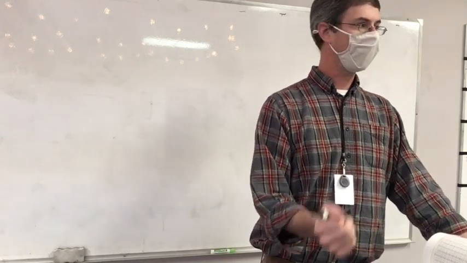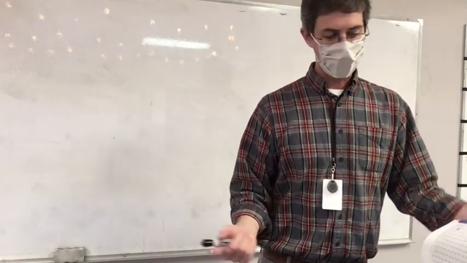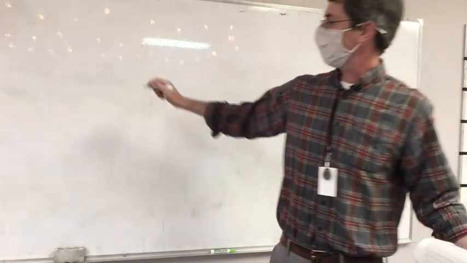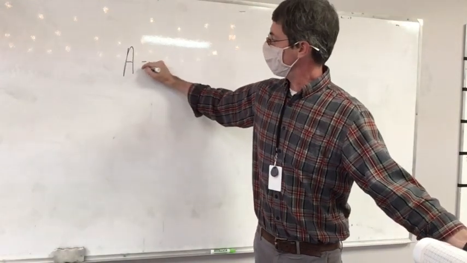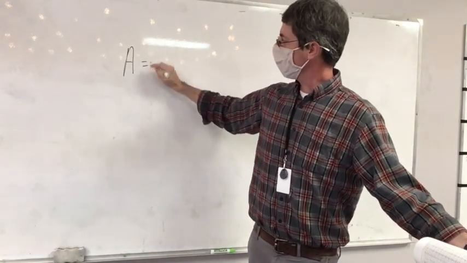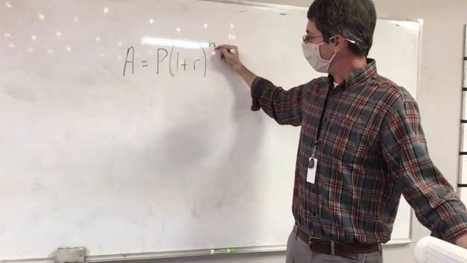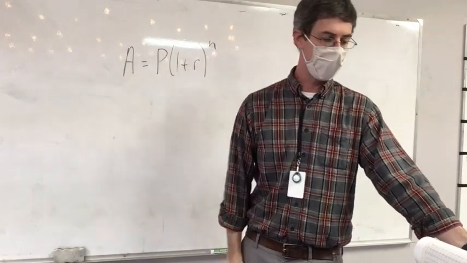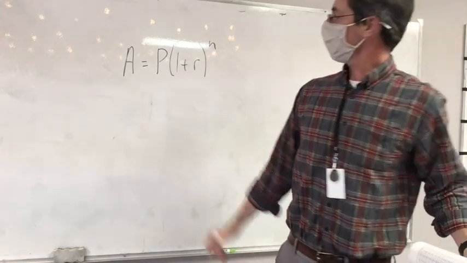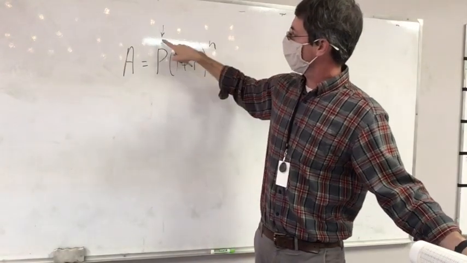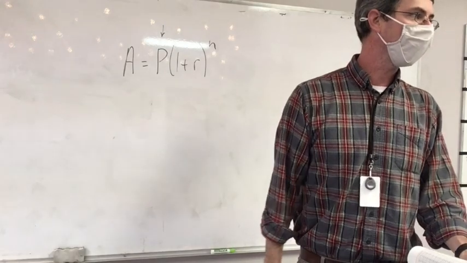We'd have to use our formula, which is A equals P times (1 plus r) to the nth power. So what this table is doing is putting values into this formula for a bunch of different cases so you don't have to look it up every time. What it's really doing is solving for if your P was $1.